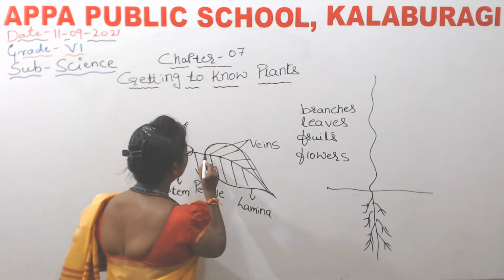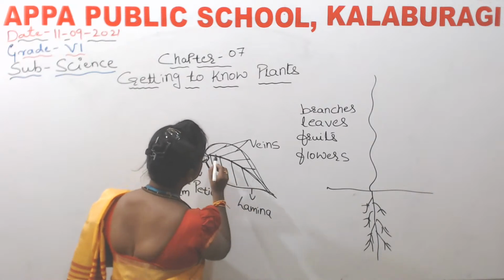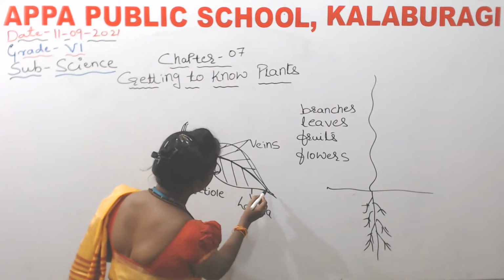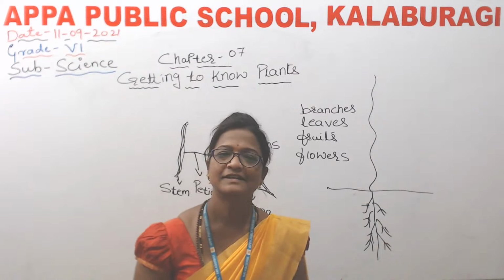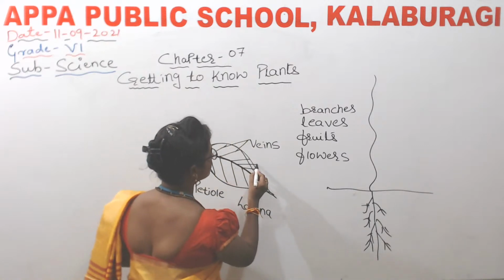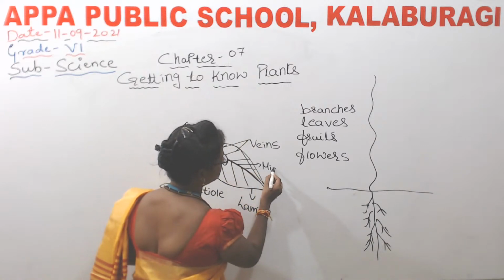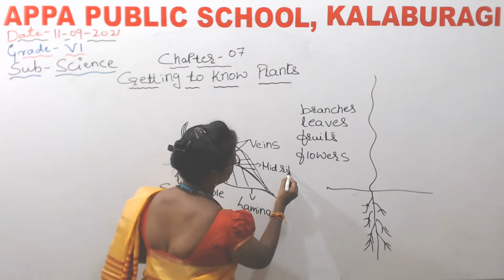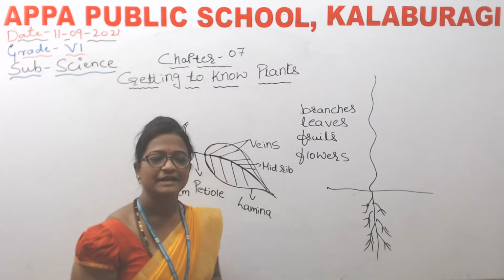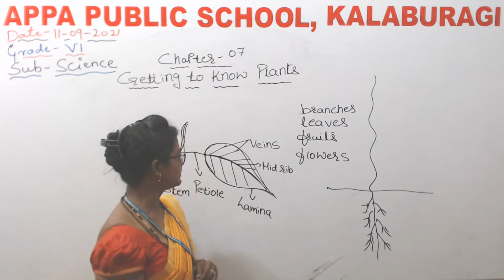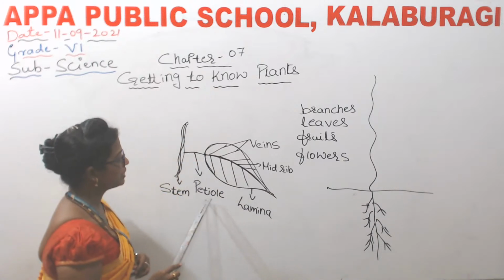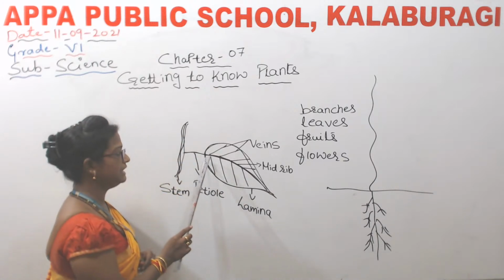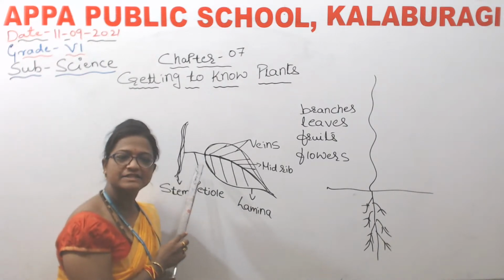And what do we call this? A thick vein which is present in the middle of a leaf. Yes, this is known as mid-rib. Once again I'll repeat, children. Petiole means the part of a leaf which is attached to the stem.